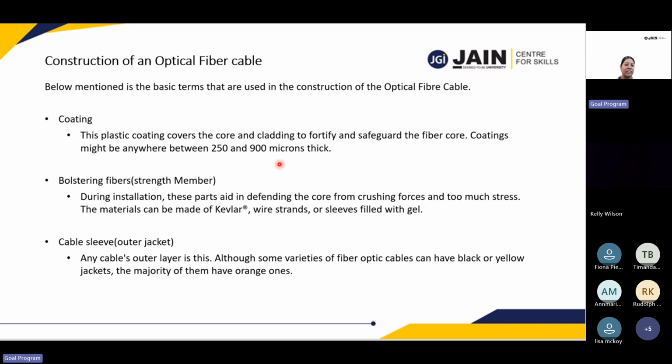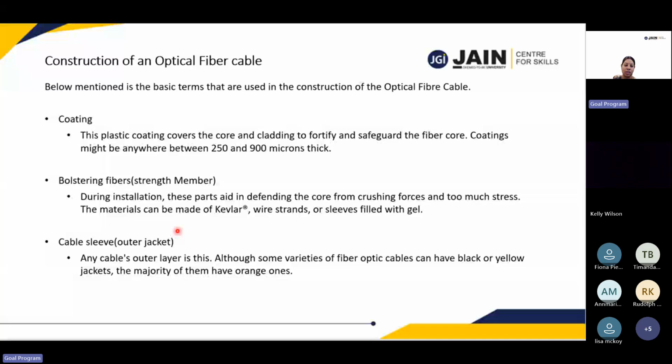Okay, these are the materials they are using for the bolstering fibers to increase the flexibility and decrease the rigidness, which again helps defend the core from crushing forces and too much stress. Cable sleeve. Any cable's outer layer is this.